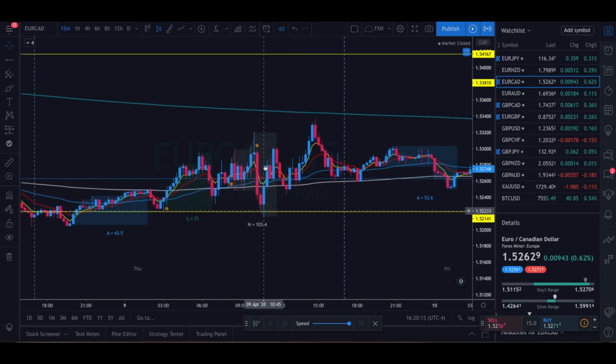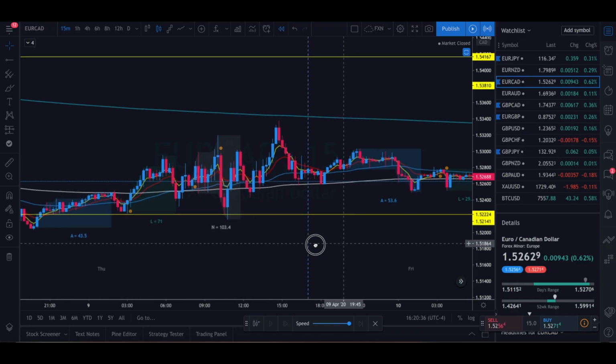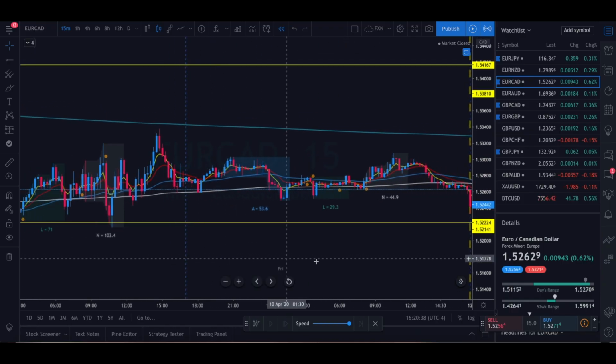Even though it moved 103 pips, there are no clear setups at all. Remember that we're not here to simply trade every single day. We're here to trade the best and clearest possible setups. So if the setups are not there, we're not trading. You get paid to wait, and you get paid to wait for the right setup. We're not taking every single setup that we look at.